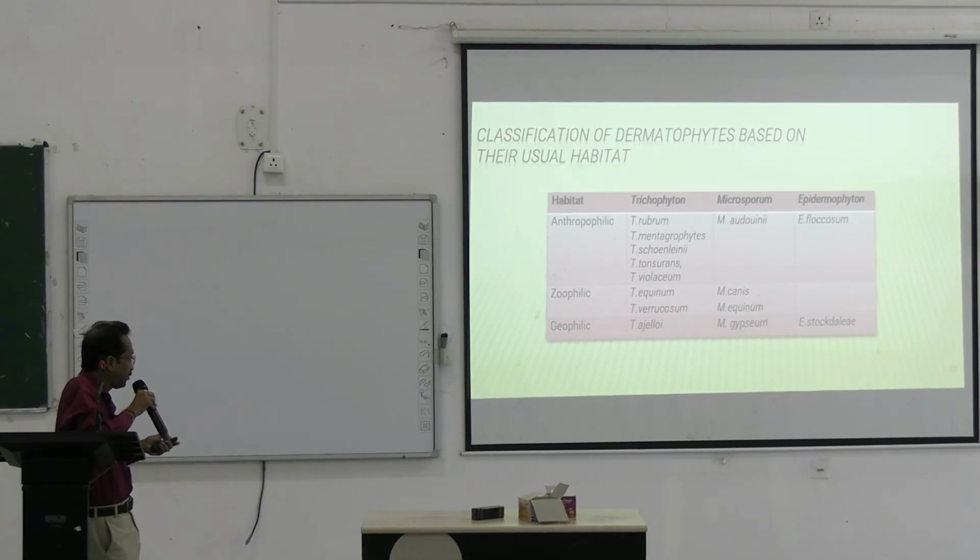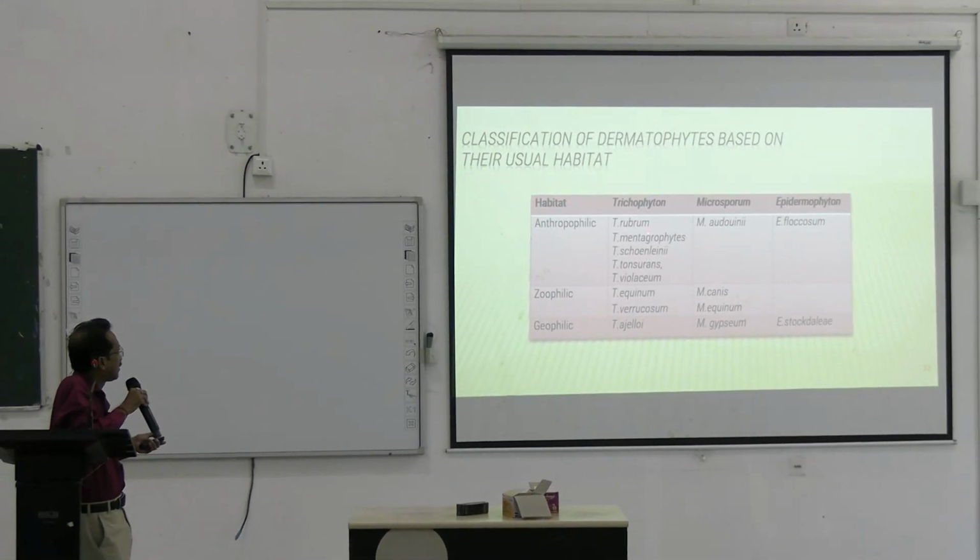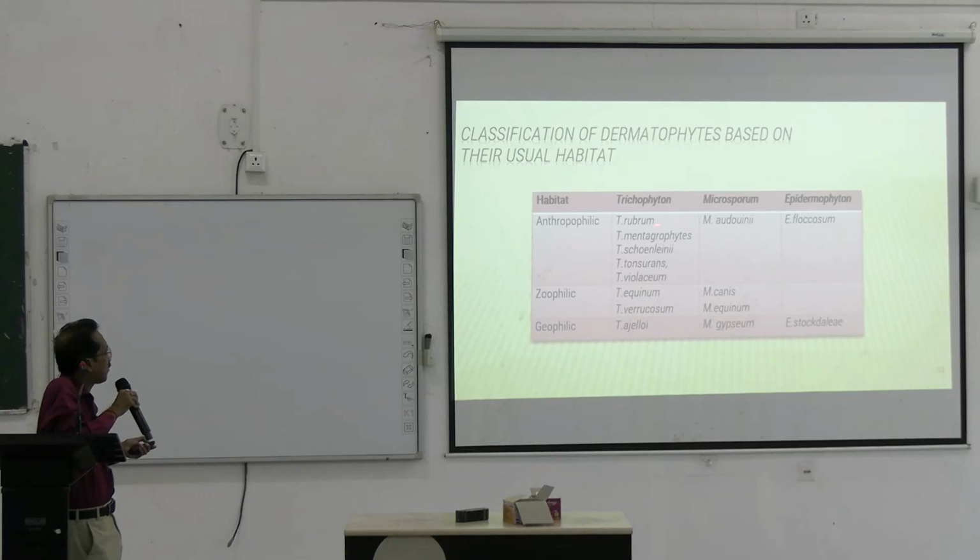These are the 2 most common, Trichophyton rubrum and Trichophyton mentagrophytes, Microsporum audouinii and Epidermophyton floccosum. These are common. They are also zoophilic, that means they can be spread from animals.